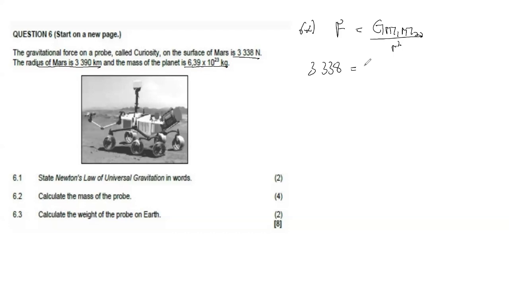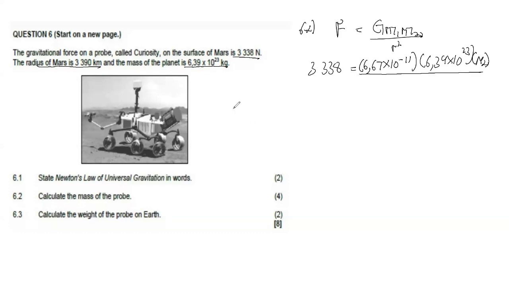Our G is the universal gravitational constant, 6.67 times 10 to the exponent of negative 11. Our mass 1, let's take it as the mass of the planet, which is 6.39 times 10 to the exponent of 23. Obviously we do not have the mass of the probe, right? So that's what we are looking for.